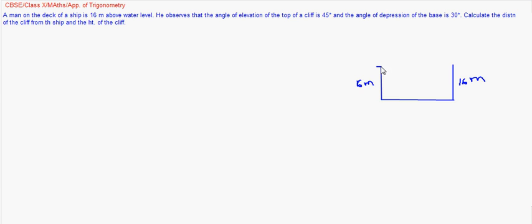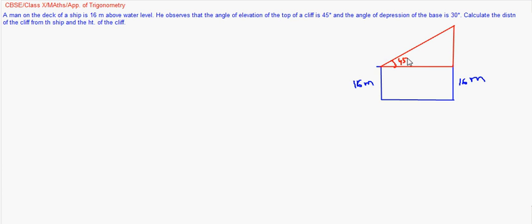He observes that the angle of elevation of the top of a cliff is 45. Where is this cliff? Let me just draw the cliff somewhere here. Let me join this so that I see. Yeah, this is the cliff. So I join this as 45.